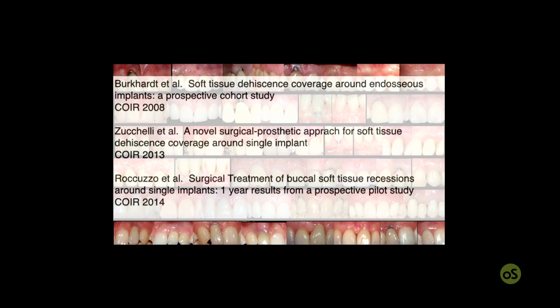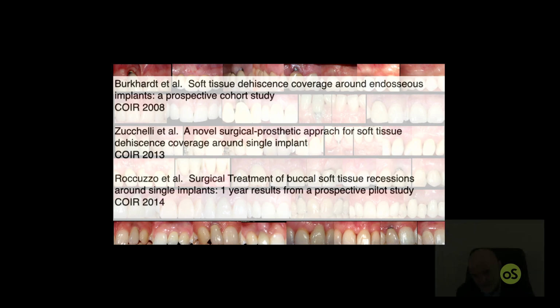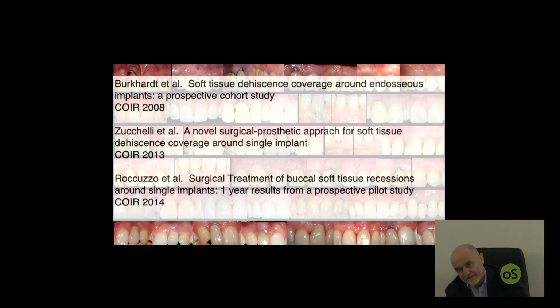No prosthetic treatment was done in this article, but the objective was to try to treat this dehiscence in the same way as recessions are treated around teeth, leaving the implant-supported crown in position, because this would be ideal for the patient, and also from an economic point of view, as you don't have to make a new crown.